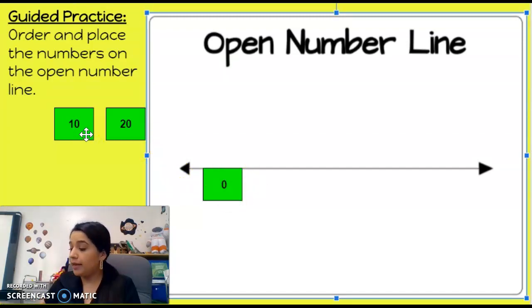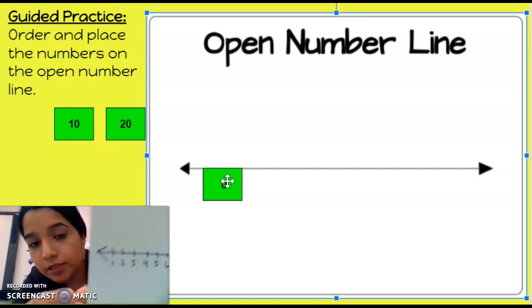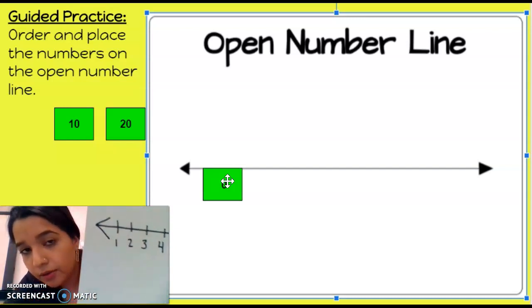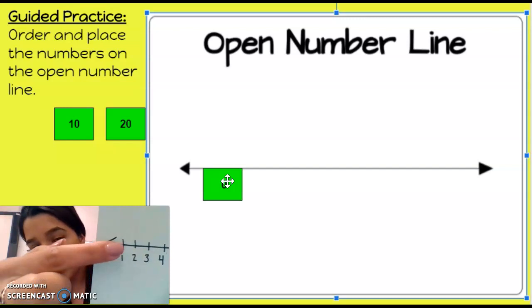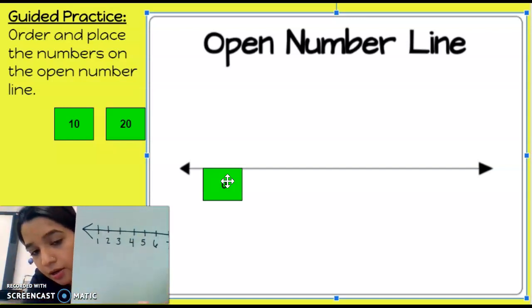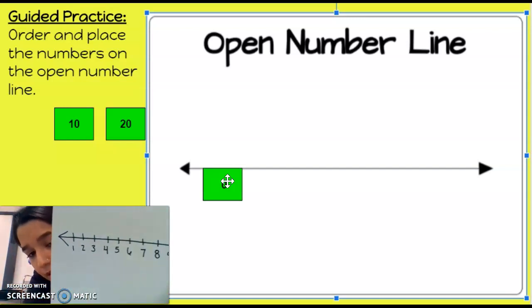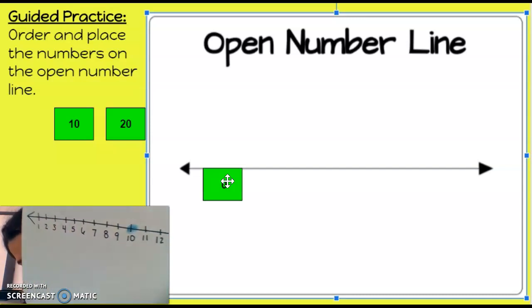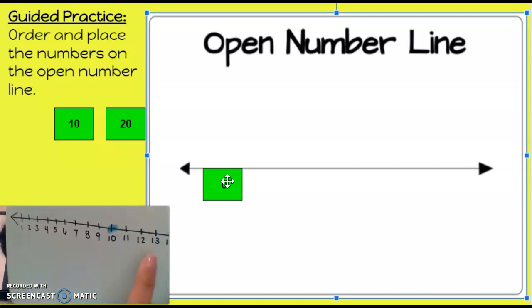Now I'm going to look at the other 2 numbers that are left. I have 10 and 20. Which one do you think comes after 0? We can look at another number line. This number line is 1 through 20. We start at 0 and go until we see a number that we recognize.